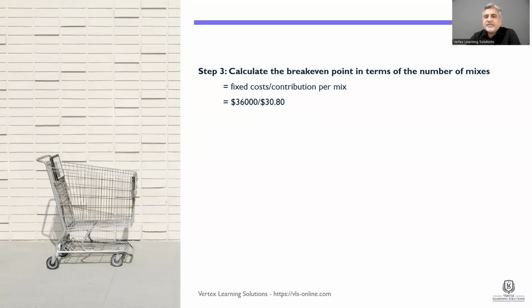So I actually get 1169 mixes. And I know that in every mix, there are 5M and 1N. So I'm pretty sure you are already on your thinking track: 1169 multiplied by 5, this is the quantity of M, and 1169 multiplied by 1, this is going to be the quantity of N, because in every single mix you have 5M and 1N.